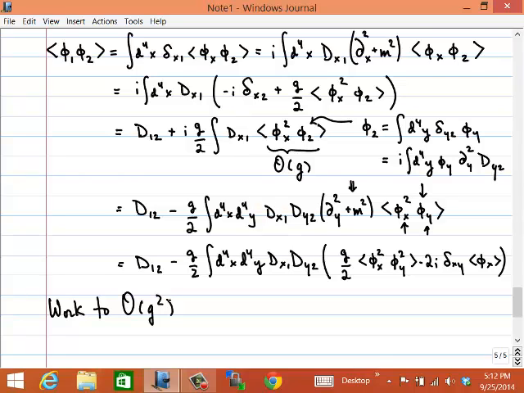If we're working to order g squared, first let's consider this term. This term is a 4-point function, and it has to be equal to its value in free field theory plus terms that are of order g. So if we're only working to order g squared, we don't care about those terms.